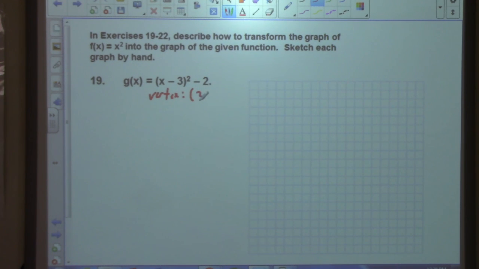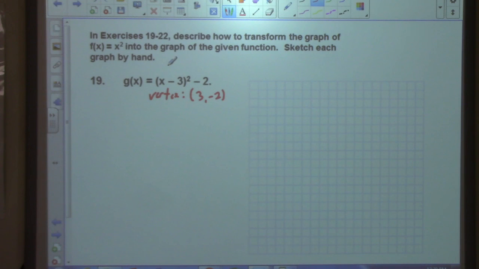I got 3, negative 2. And it says, describe how to transform the graph into the function. What do we do to transform from here to here?